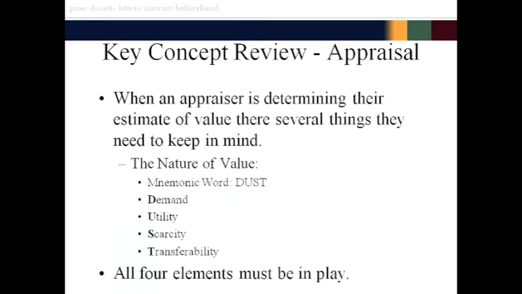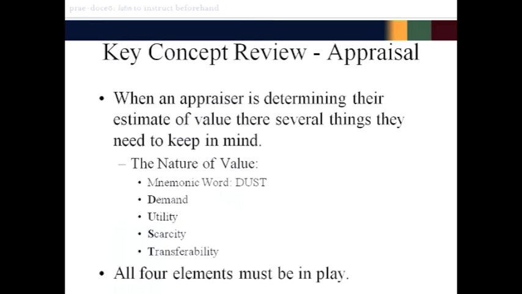When an appraiser is coming up with his market value estimate, there are several things they have to keep in mind that are illustrated in their report. The first is you have to understand the nature of value. Value is best defined by a mnemonic word called DUST, D-U-S-T.